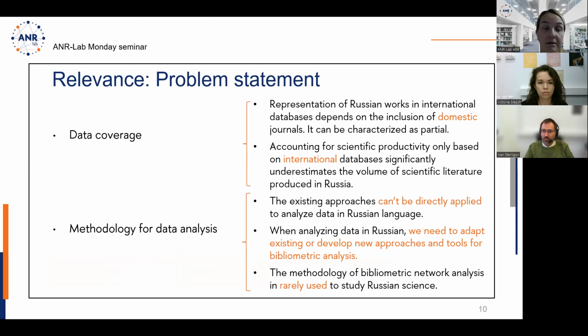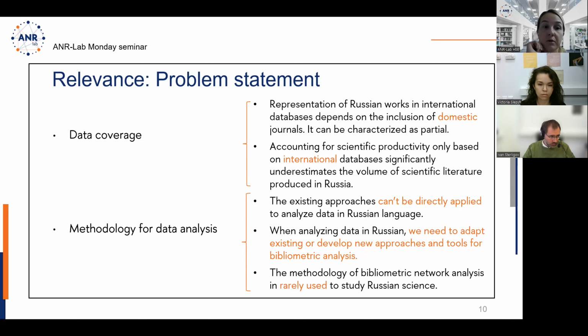And when we would like to use the same approach to study the domestic literature, so the literature in Russian language, then of course we have some problems. And these problems are connected with data coverage and also methodology for data analysis.